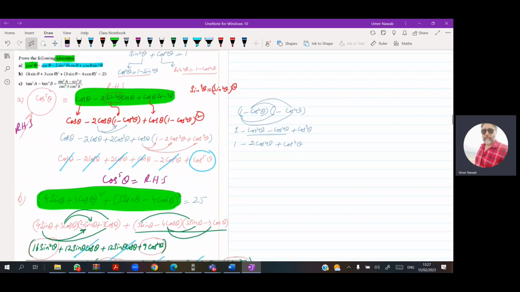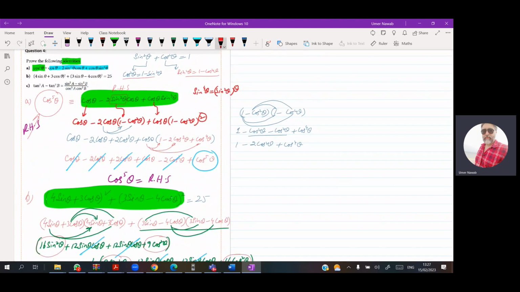Now, there is a third identity which he is asking, the C part. He said tan square of A minus tan square of B. You need to prove it equals sine square of A minus sine squared of B over cosine square of A and cosine squared of B. Why not?